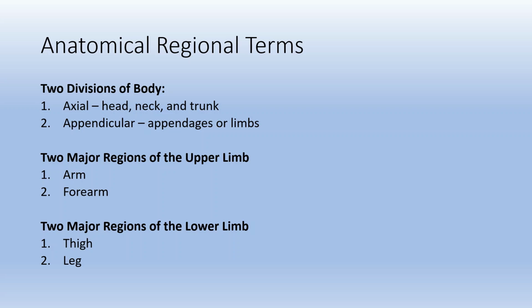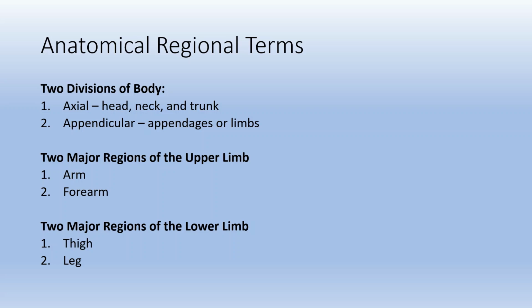Now that we have established this standard reference point known as anatomical position, we have introduced many new terms that we will use throughout this course to describe structures and their relationships to each other. We can now break the body up into regions.